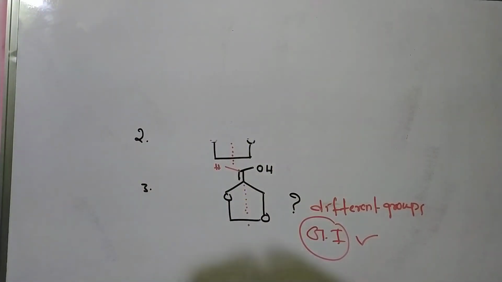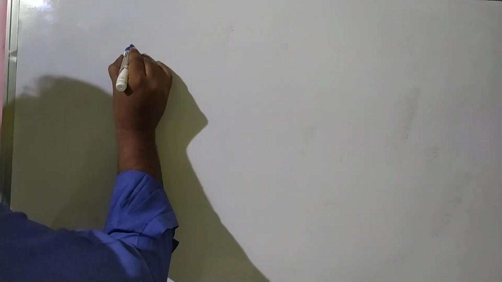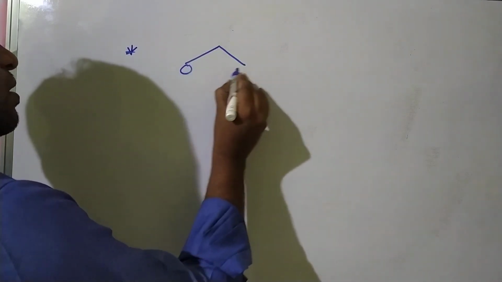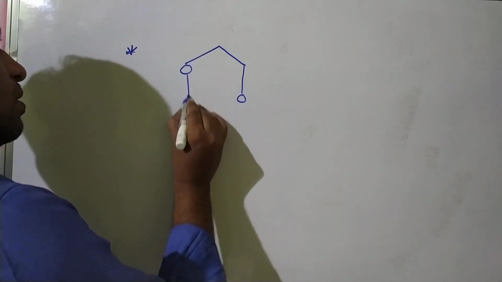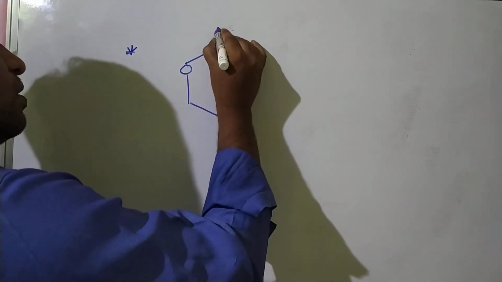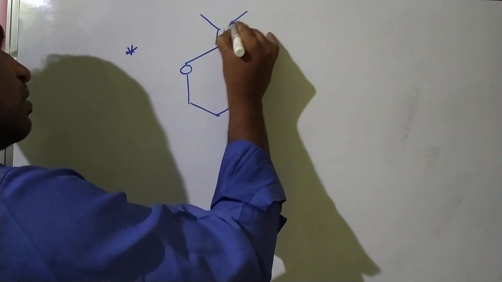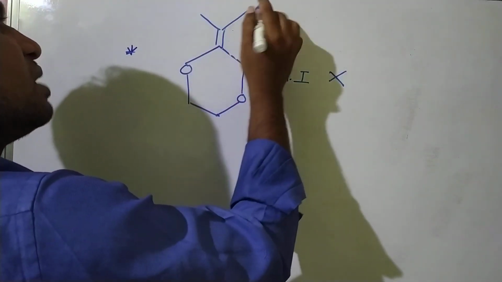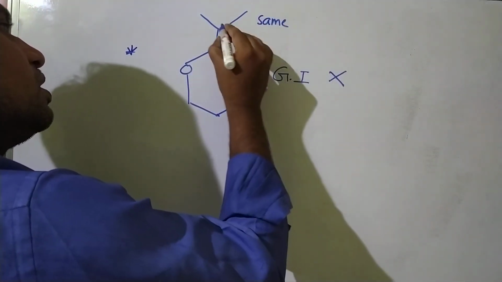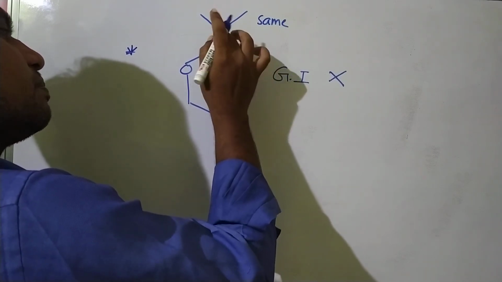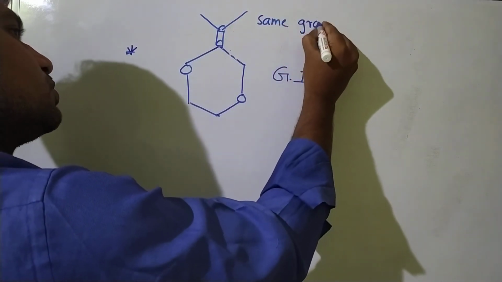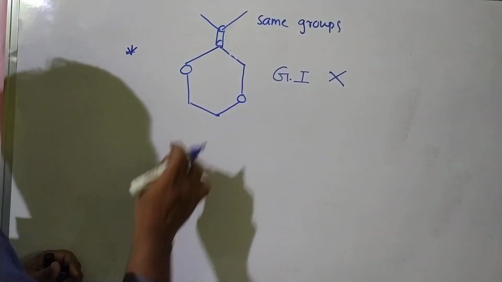Okay, students, please note. And some more examples. So it doesn't show geometrical isomerism. Why? These are the same groups. At this double bond carbon, the two groups are the same. This side also symmetrical.